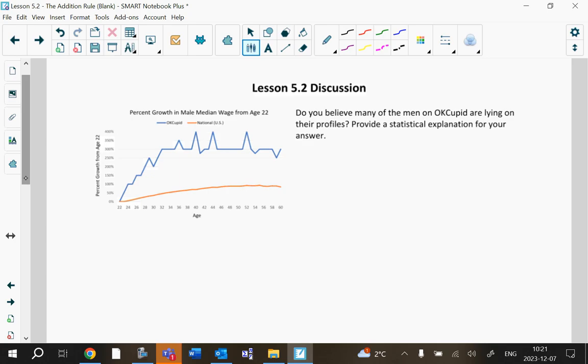Here's the actual percent growth. Here's the growth on OkCupid. Significantly higher. So that suggests that they're saying that their wages are much higher than they actually are. Who knows, we could probably get similar results if we looked at their heights too, over a period of time.